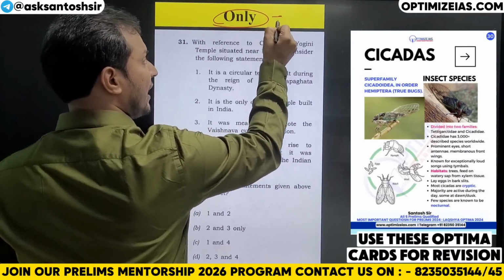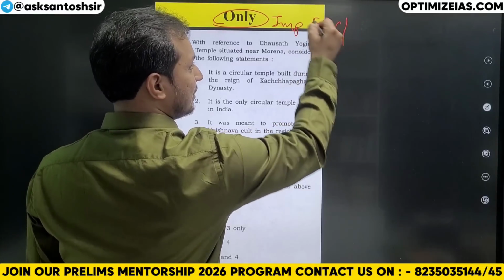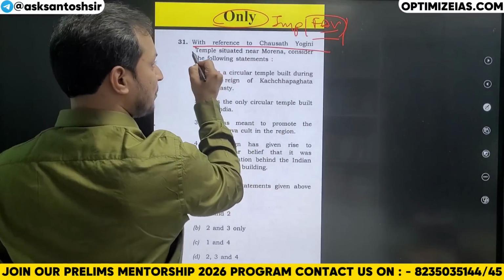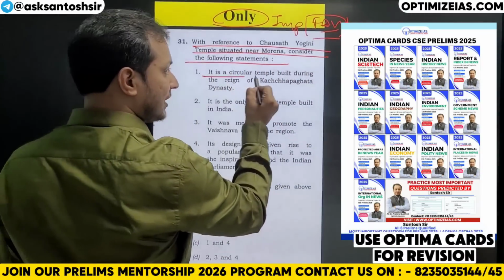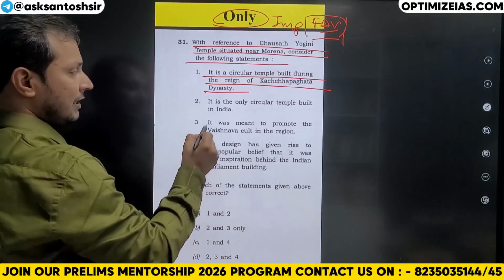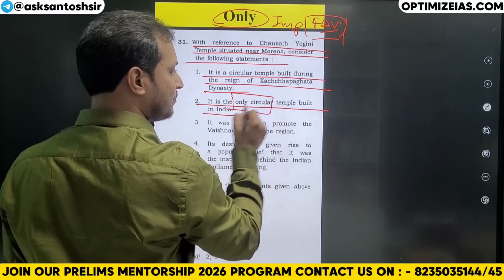Only, a very favorite topic. Every year 1, 2, 3 questions on this, guys. With reference to Chaushat Yogini temple situated near Morena, consider the following statements. It is a circular temple built during the reign of some dynasty. It is the only circular temple built in India. Only circular temple.